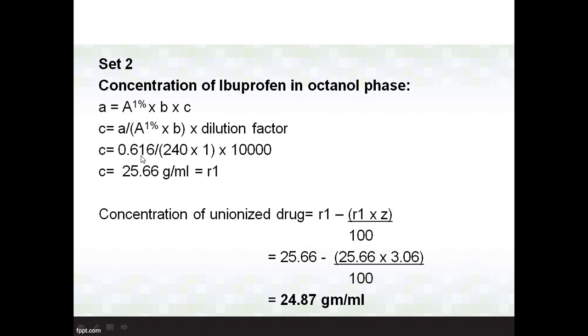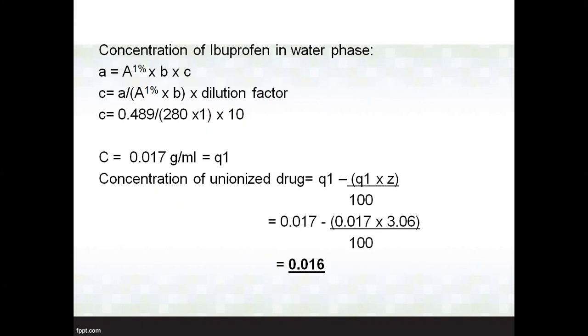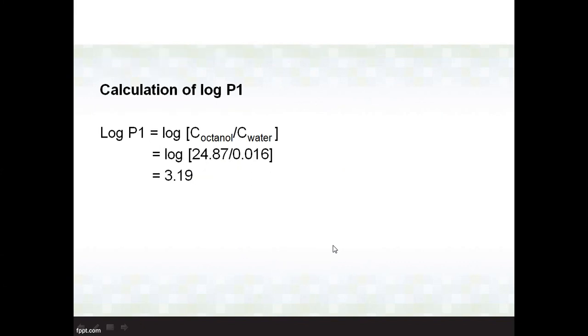For set 2, the concentration of unionized drug was found to be 24.87 gram per ml in the octanol phase. For the water phase, the concentration was found to be 0.016. So the log P value was found to be 3.19.